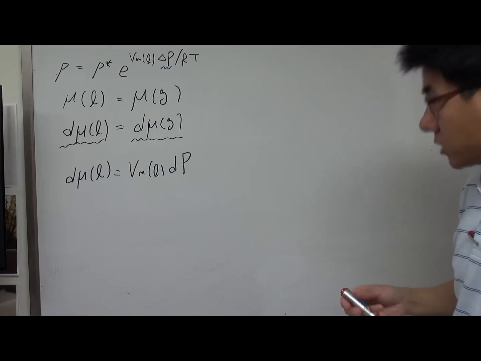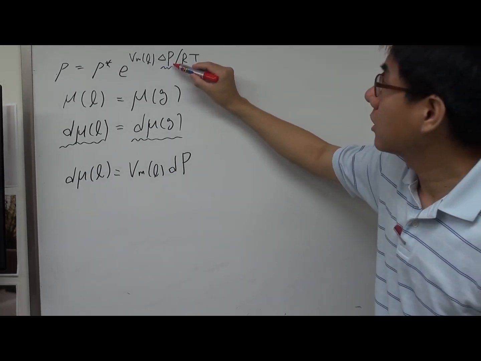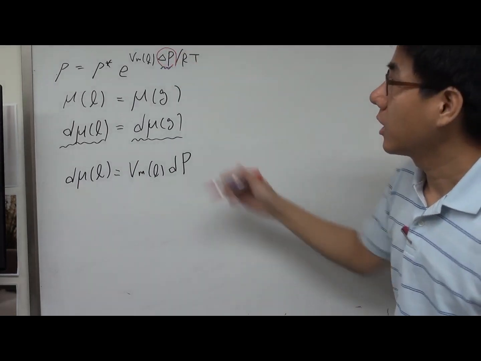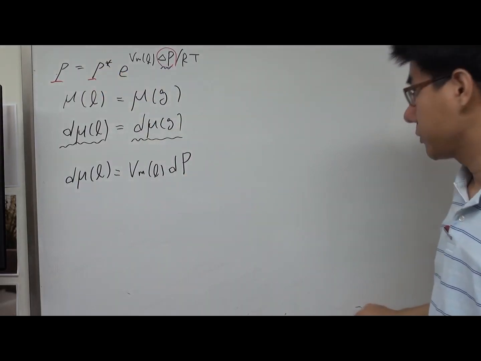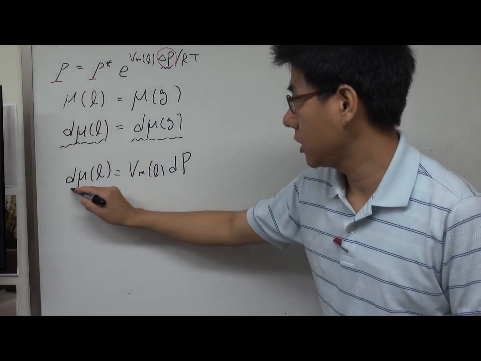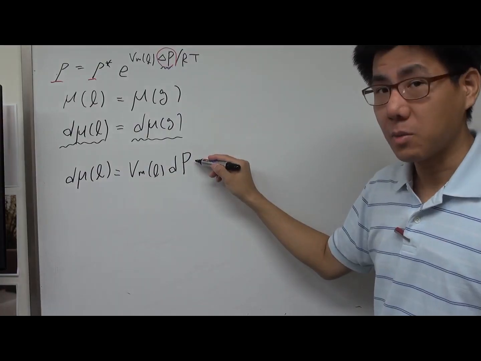If you have noticed, the applied pressure to the liquid is denoted as large capital P, and vapor pressure is small letter p, right? Okay. So you have to differentiate between them. So chemical potential change for the liquid corresponds to Vm,L dP, the large capital P, okay?